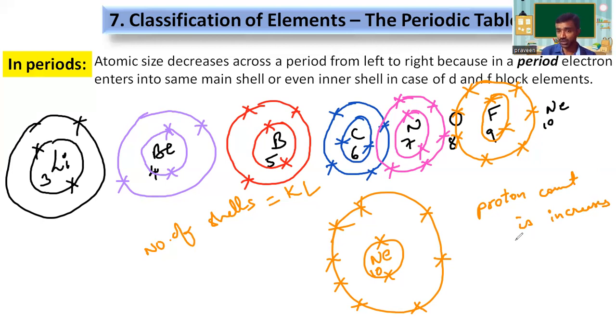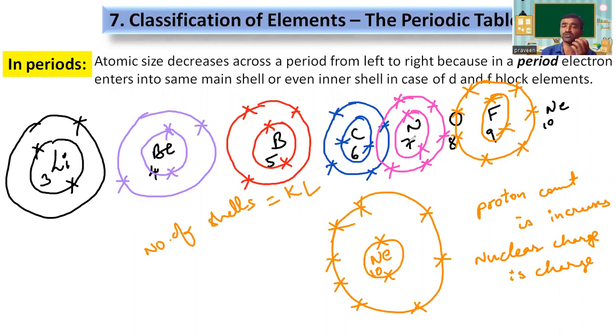As the proton count increases, we can say that nuclear charge is increased. What is nuclear charge here? The number of positive charges in the nucleus is considered the nuclear charge.